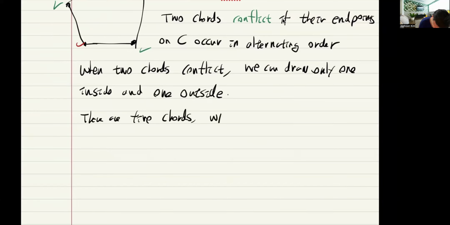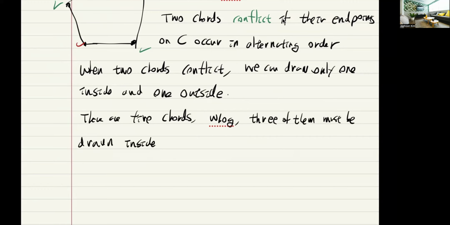And without loss of generality, three of them must be drawn inside. I mean, it could be outside, but without loss of generality, it's inside.